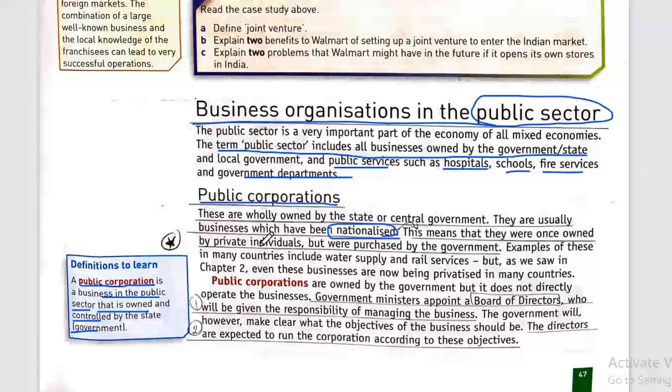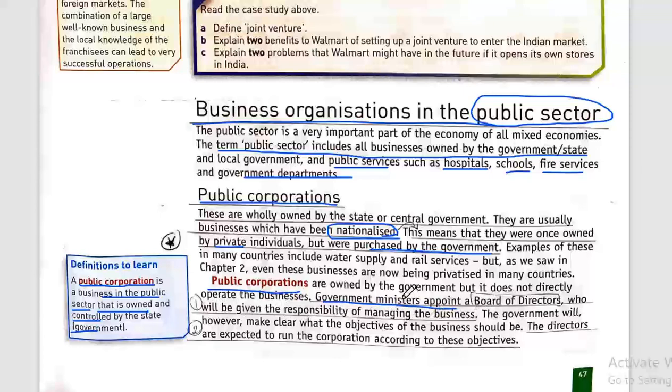Once they were owned by private individuals and now they are purchased by the government, which is the total opposite of privatization. Public corporations are owned by the government, but it does not directly operate the business. Government ministries appoint a board of directors who will be given the responsibility of managing the business.